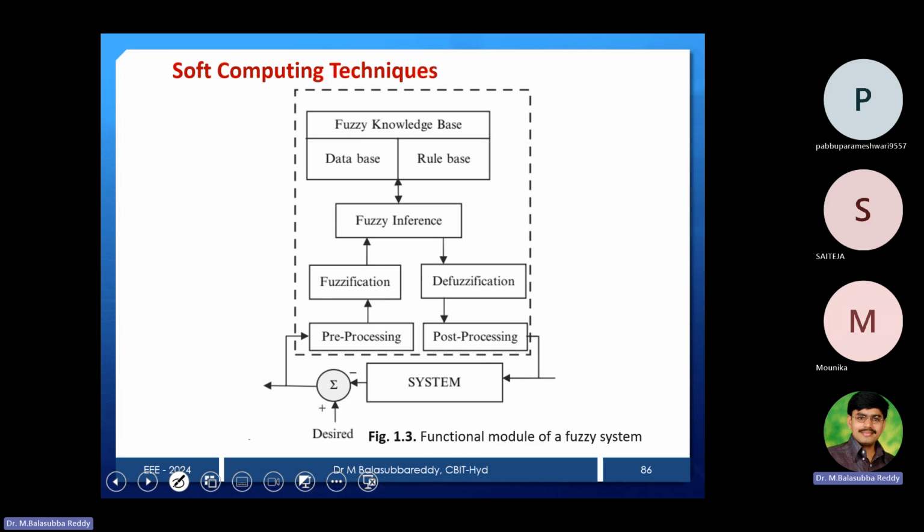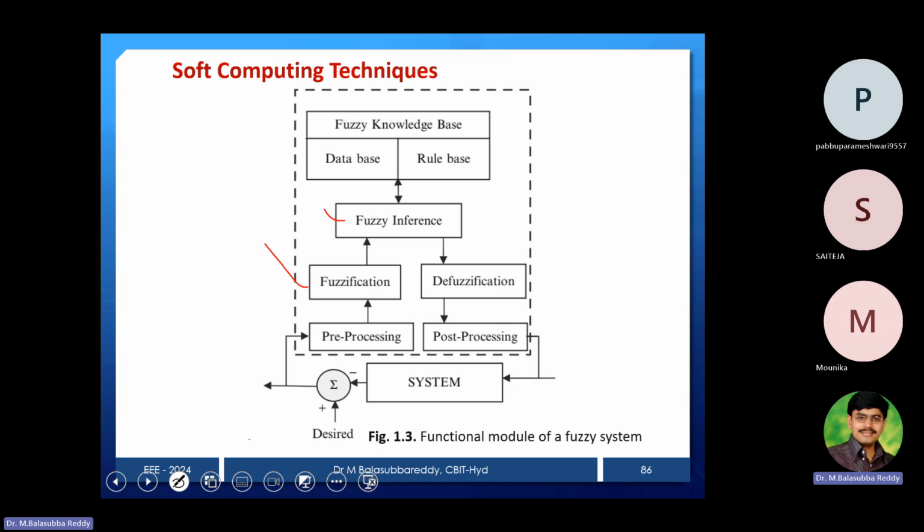If we want to control anything, whether it is the speed control of a motor or any control parameter, the desired value and the actual value have to be compared. Now, the input data will be pre-processed, then it will go to the fuzzification. After that comes the fuzzy inference engine based on the rule base, because a lot of membership parameters are there.